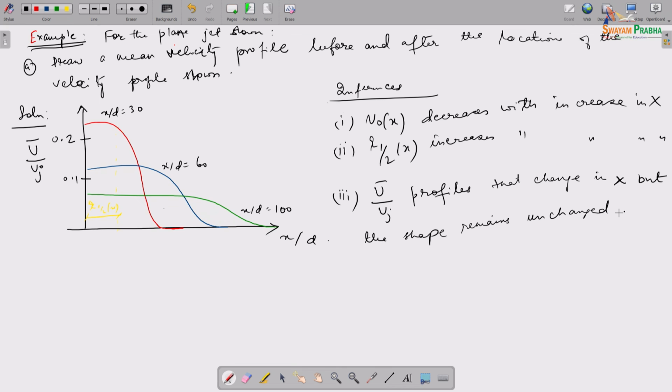So, how should I draw this? Let's do it here also. Let me draw this figure here. Let us just say this is what is given.